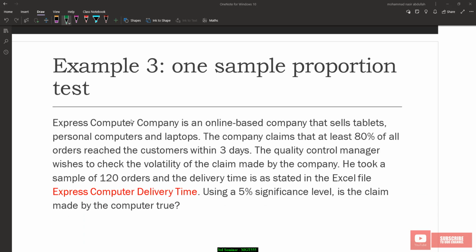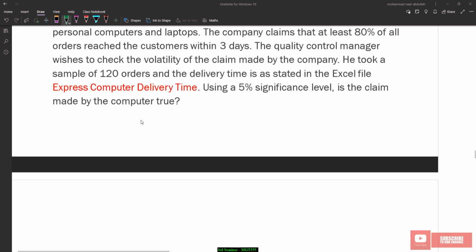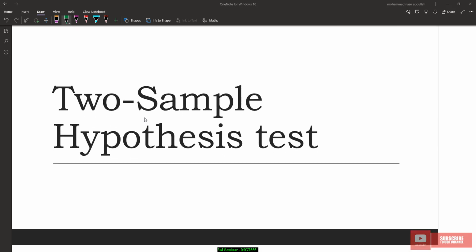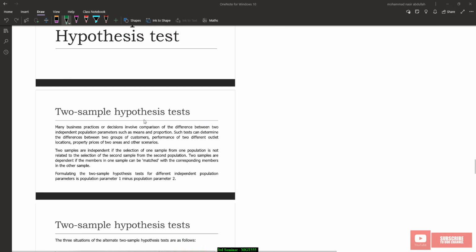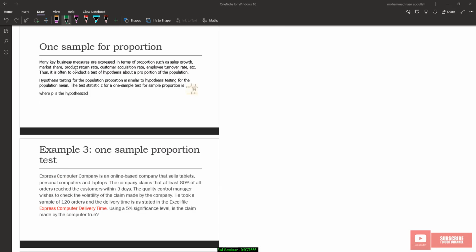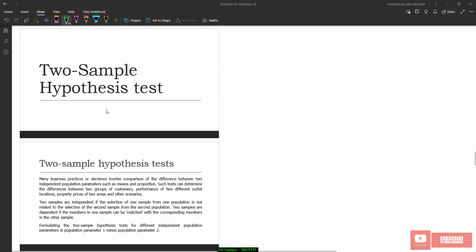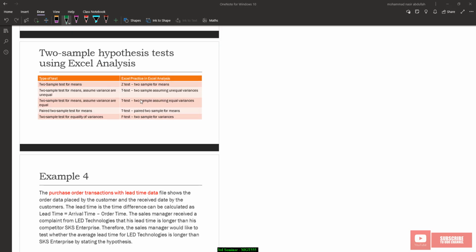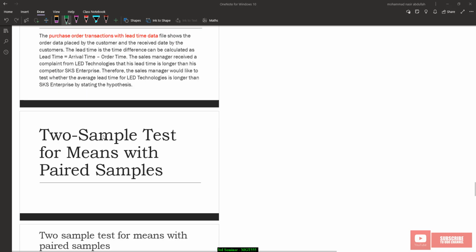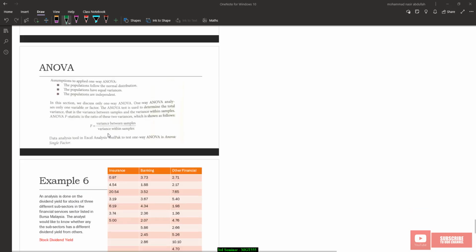And before we end, sebenarnya I nak tunjuk lagi 3. First is sample proportion, 2 sample t-test, and then we have independent sample t-test, paired sample t-test, and one way ANOVA.